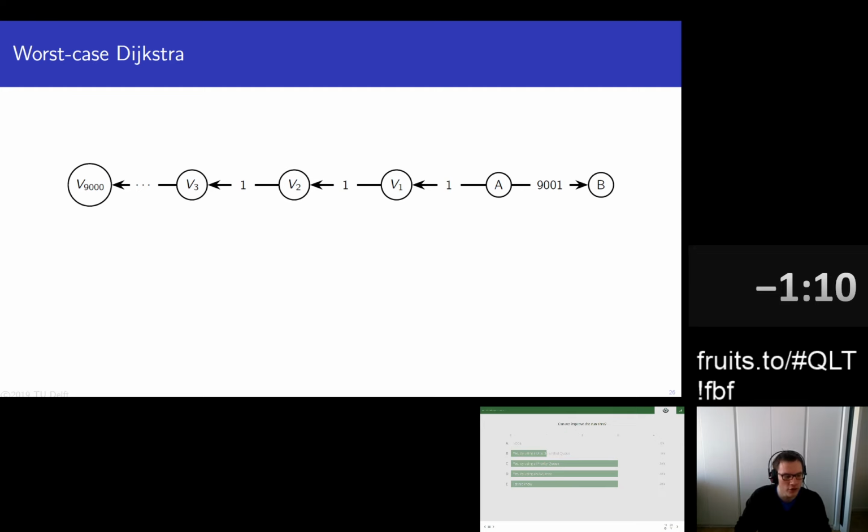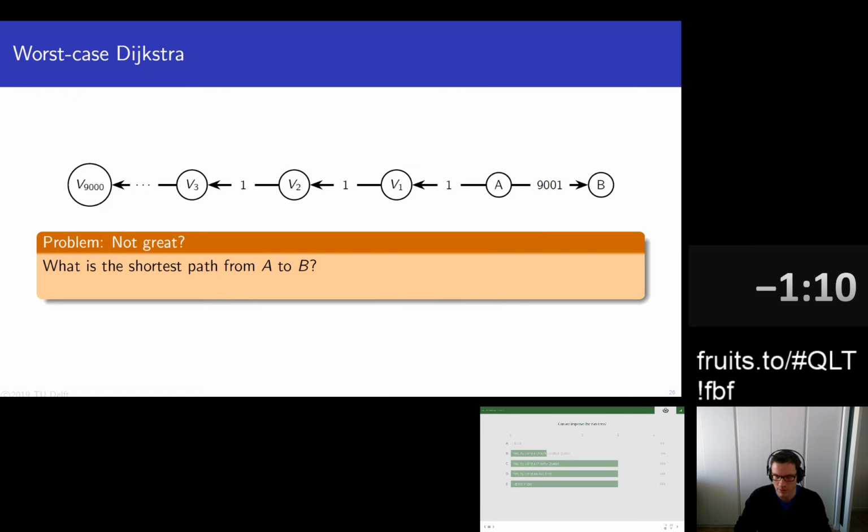I want to find the shortest path from A to B in this graph. Now, you can probably immediately see that there's only one path from A to B, namely a direct edge with a length of 9001. However, what's Dijkstra going to do?